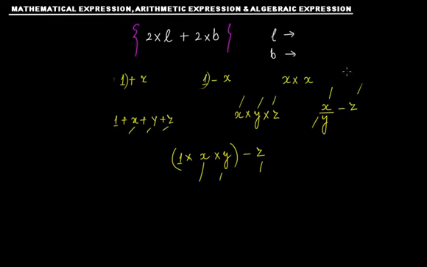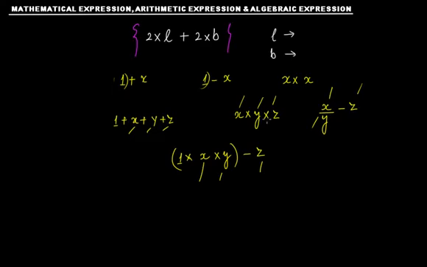So all these are examples of algebraic expressions. An algebraic expression is a mathematical expression that contains variables. It can also contain numbers, but the important thing is that it should contain variables.